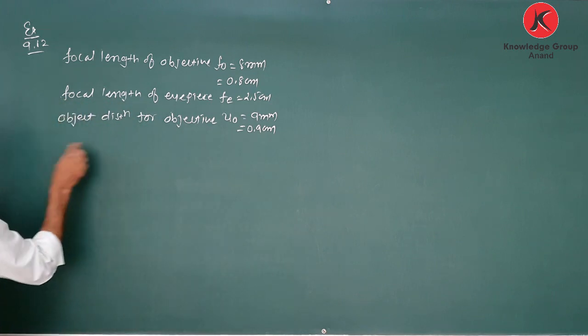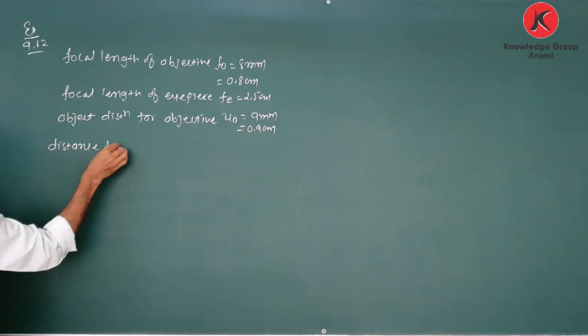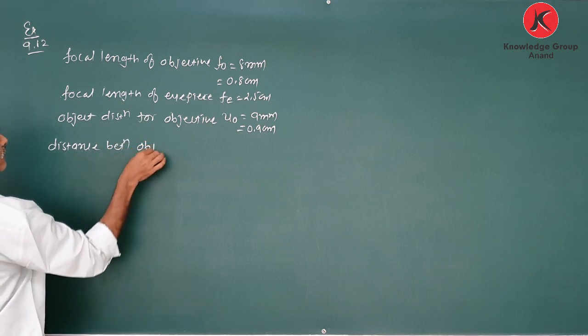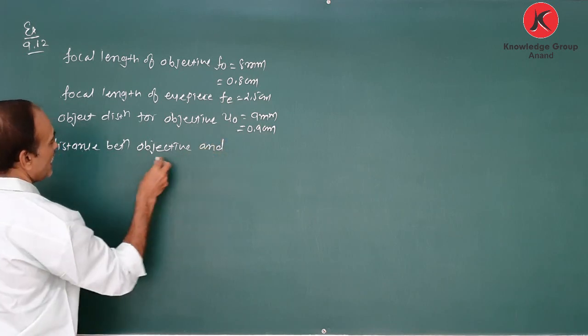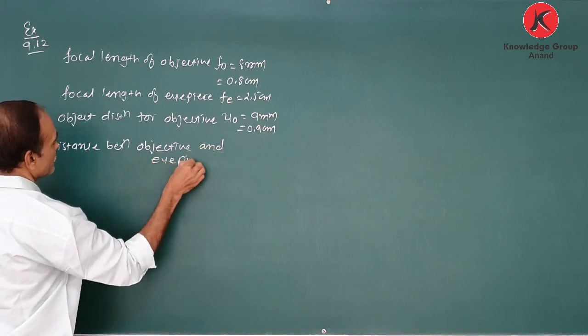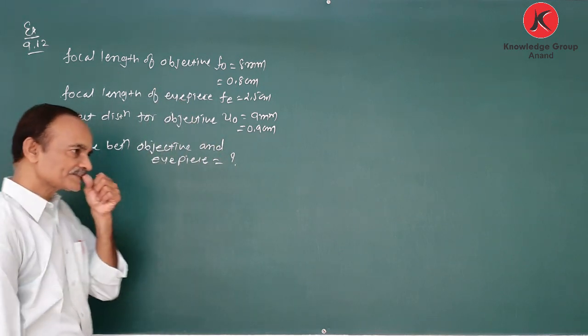Now find the distance between objective and eyepiece. We have to find out what is the separation between them.